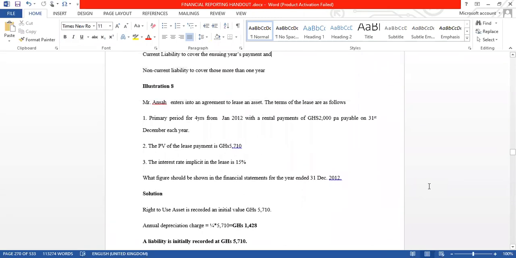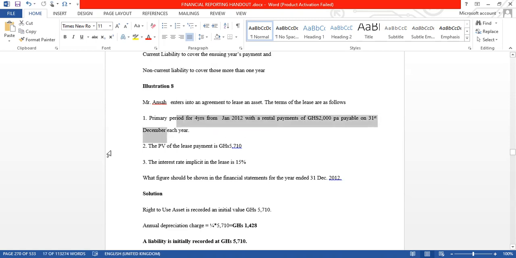Let's look at illustration 8 with its solution. You see that Mr. Ansah entered into an agreement. The terms of the lease are as follows: a primary period of 4 years from January 2012, and a rental payment of 2,000, payable 31st December each year.